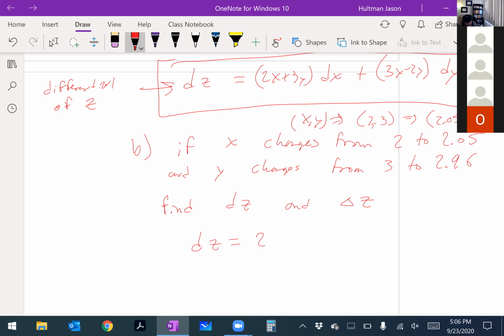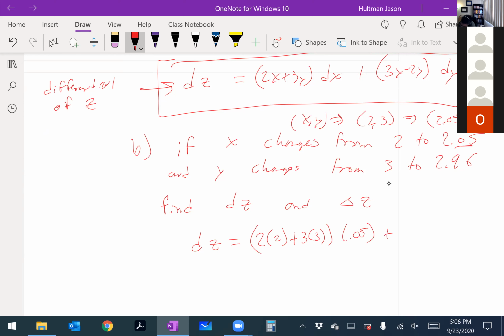So the differential with respect to z is going to be 2 times 2 for x plus 3 times 3 for y times the change in x. Well, what's the change in x here? The change in x is 0.05.